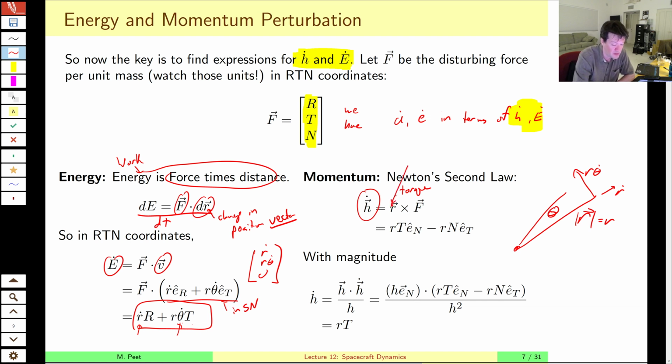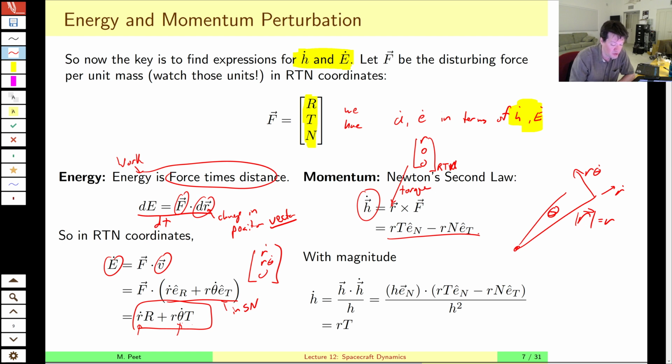Well, what is R in the RTN? We have force in RTN coordinate systems, and so now we just write down radius in RTN. Well, that's easy. That's just R, 0, 0 in RTN. So we cross those two vectors together. You do the standard cross product formula, and you get this expression here.